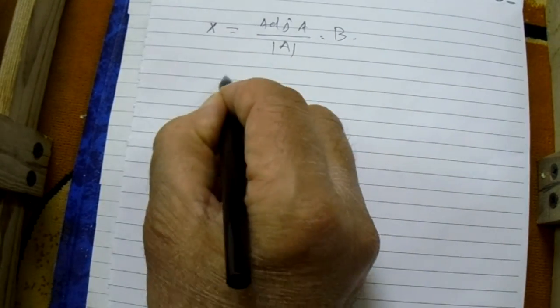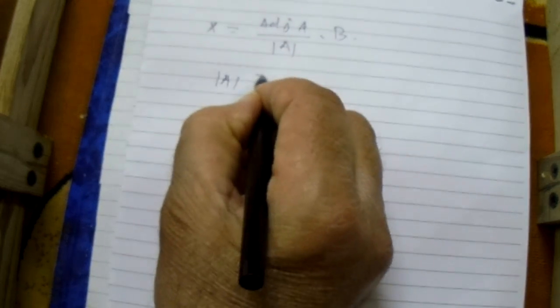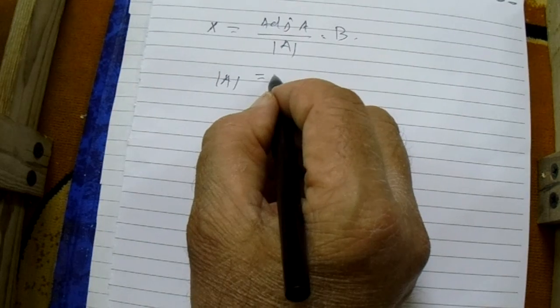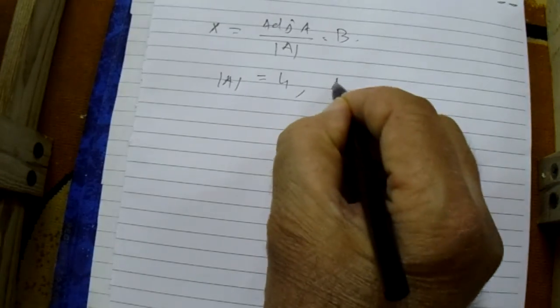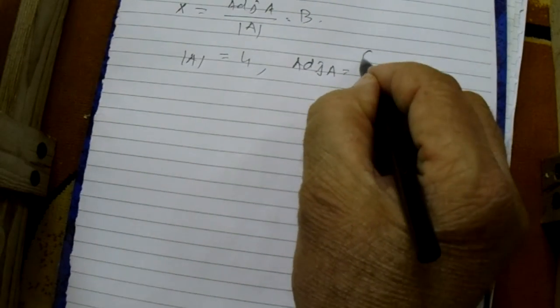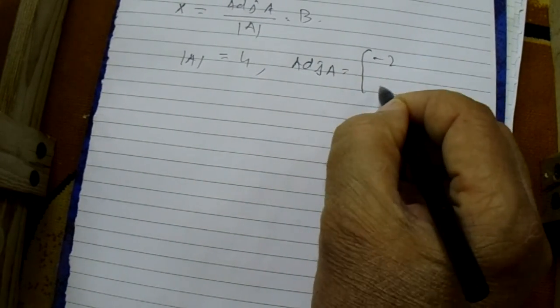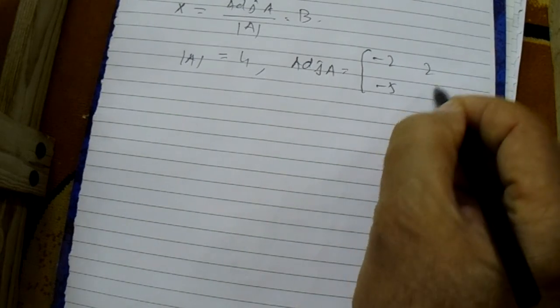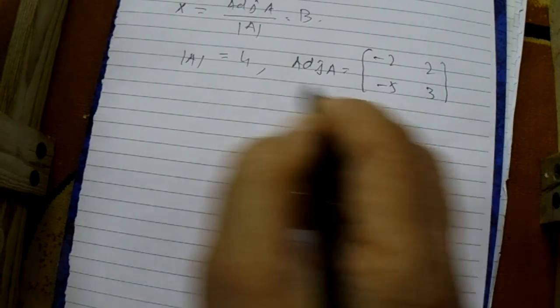Now we have that determinant of A is equal to 4, and adjoint A is equal to, as we found before, [-2, -5; 2, 3]. Now we have to find this.